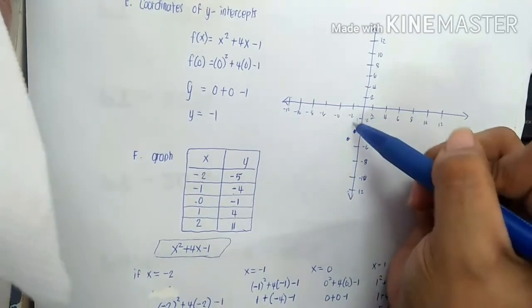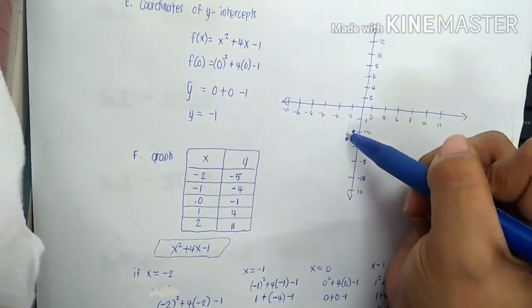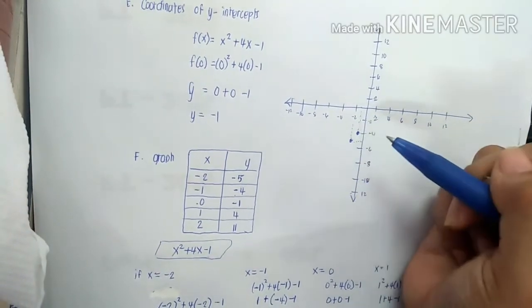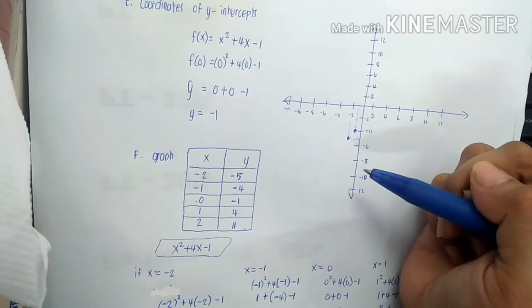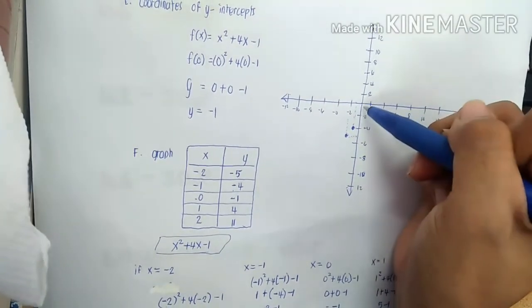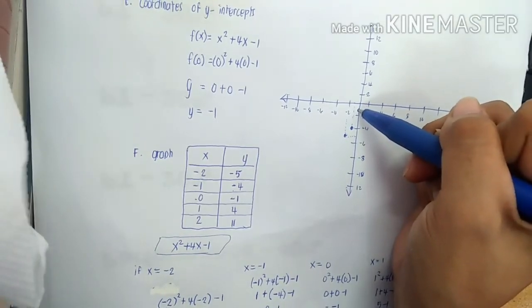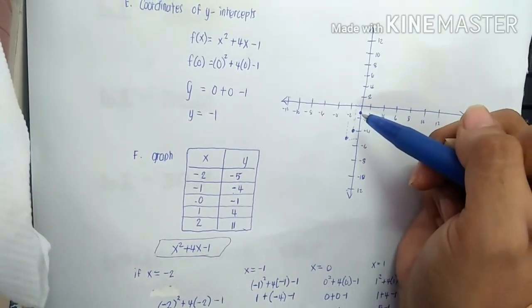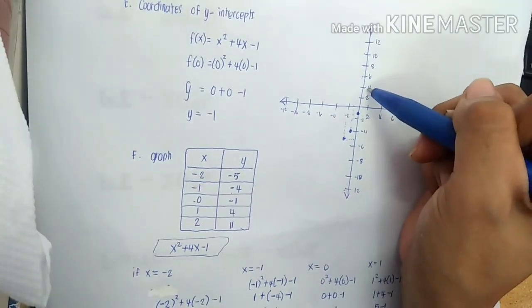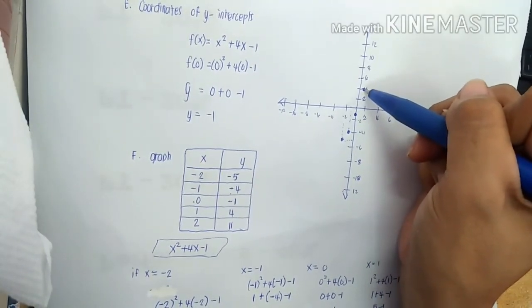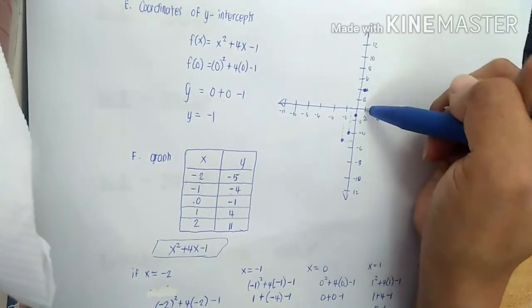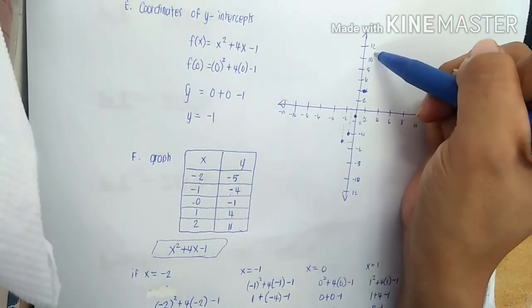Next, 0 and negative 1. So here. Next, we have 1 and 4. 1 and then going up since it is positive. Next, 2 and 11. So here.